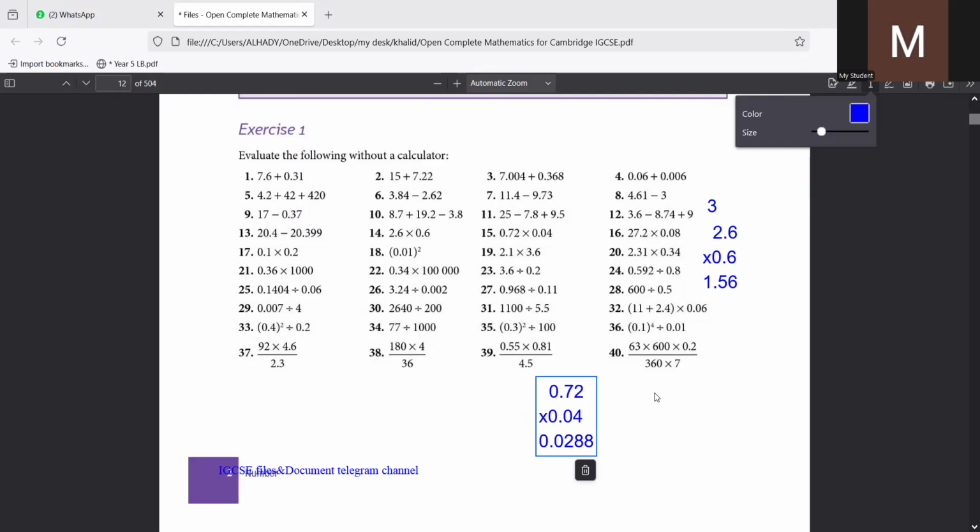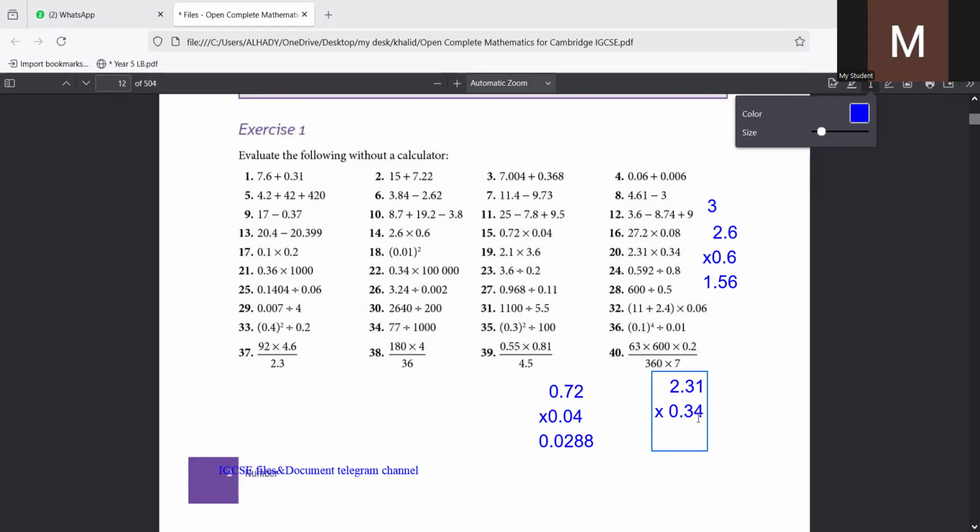We multiply numbers here containing 2 decimal digits each. With the same idea, 2.31 is the first number, and you are multiplying it times 0.34. As I've told you, ignore the decimal point and deal with it like it is 231 multiplied by 34. Then multiply normally.